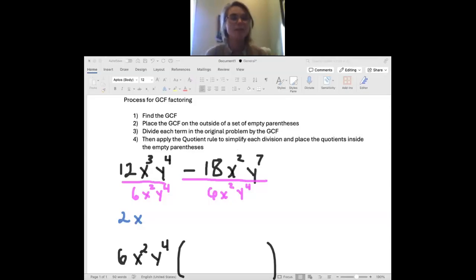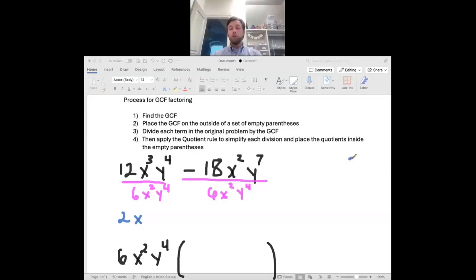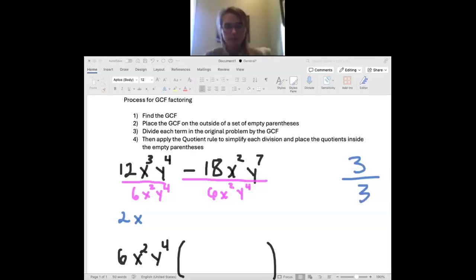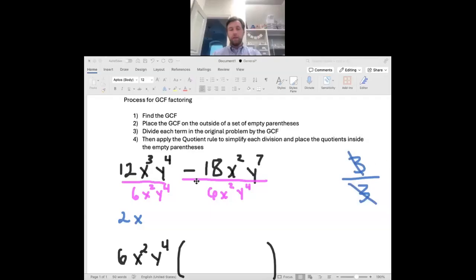Just remember your rule over here, little sidebar. If I have the fraction 3 over 3, what does it reduce to? 1, because it's the same thing in the top and bottom. In other words, the 3 cancels with the 3. It's the same idea here. The y's cancel with each other.